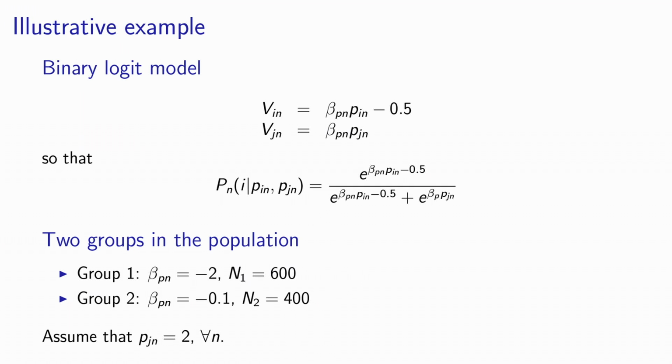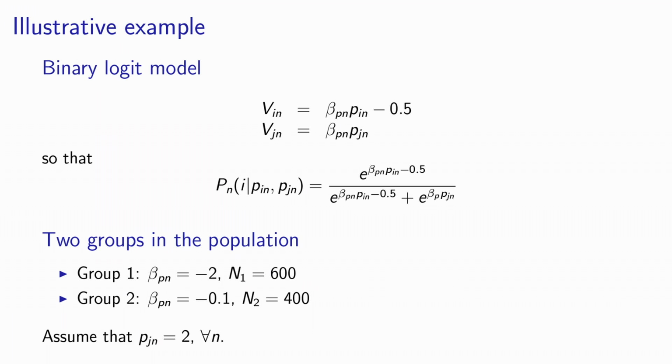And in order to analyze the complexity, we will take a very simple example. So consider that there are only two products on the market. I am the supplier of alternative i, and there is a competitor who is selling alternative j. And to make our model simple, we will assume that only the price matters, but then there is a constant.